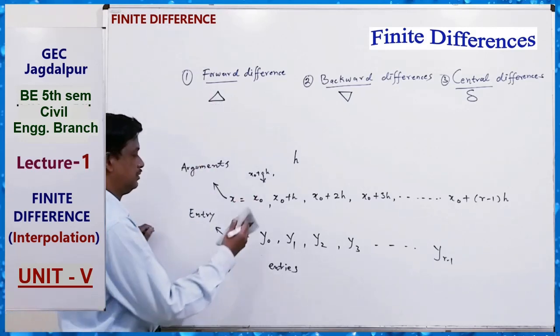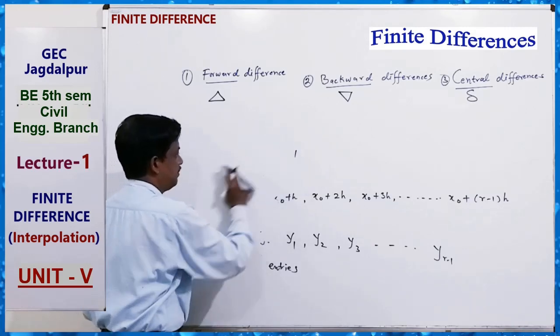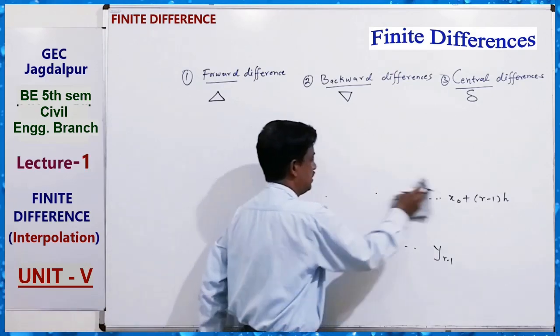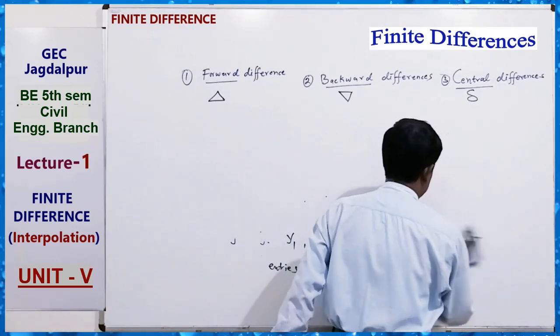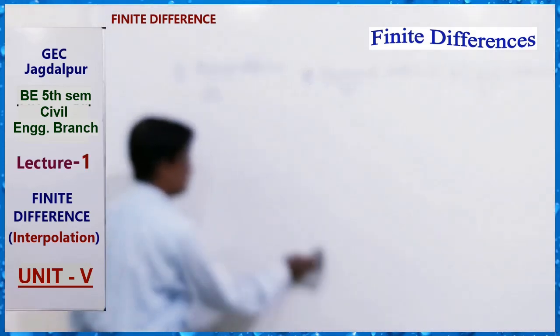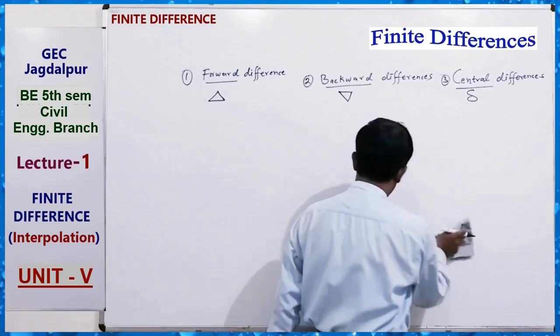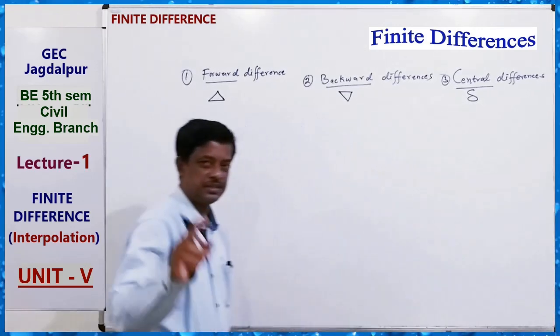Now, just like a derivative, here we have first order difference, second order difference, third order difference; all the differences can be found by definition. The definition is very simple.